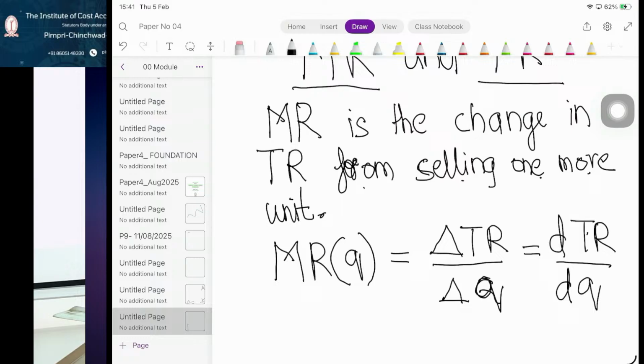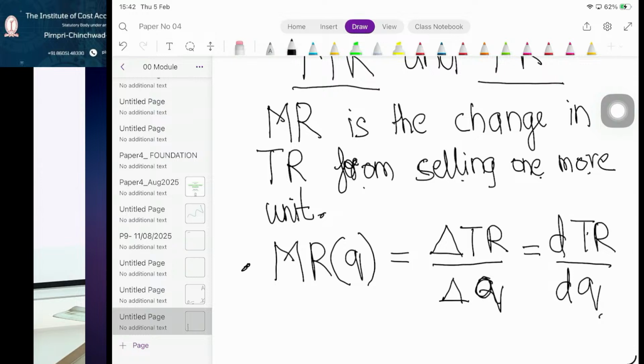So marginal revenue is the change in total revenue from selling one more unit. Okay, did you all get the notation? Do you understand this notation? dTR by dQ. It is a change in total revenue for a change in quantity.